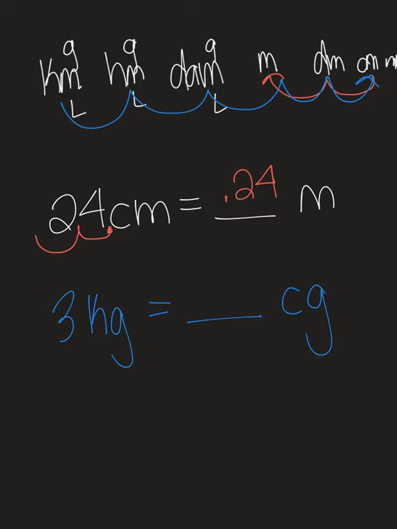So we're going to put our decimal and then move 1, 2, 3, 4, 5. We'll need to fill all of these places in with zeros. So then your answer here would be 300,000 centigrams. So again, within the metric system, all you have to do is simply move your decimal point.